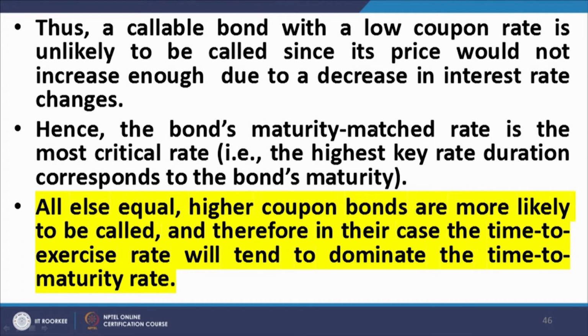See, this is a direct application of the example that we did just now. What was the example? Higher the coupon rate, higher is the change in price, lower the coupon rate, lower is the change in price.